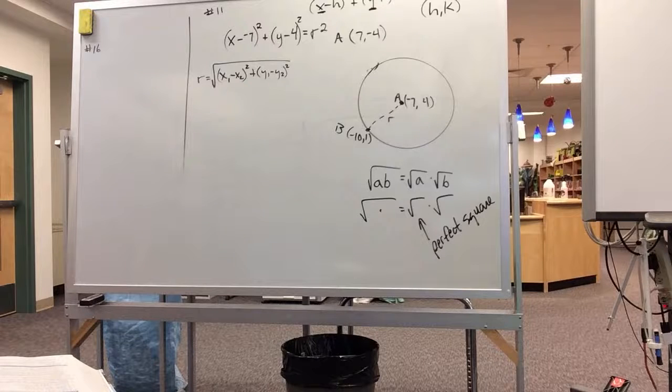The square root of 18 is equal to. Take the square root of 9, which equals how much? Well, what number is it? There you go. Times the square root. So that's the exact.